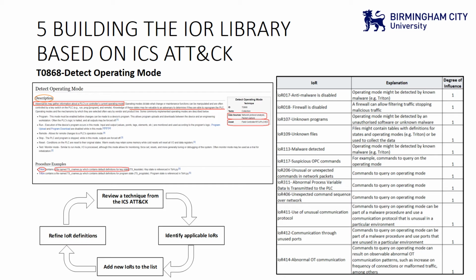For example, indicator 117, suspicious OPC commands. OPC is a protocol that runs in Windows, which is widely used in industrial control systems to communicate with industrial protocols. So if we can detect commands that are querying the operating mode, then we can infer that we have a higher risk of this technique being performed.